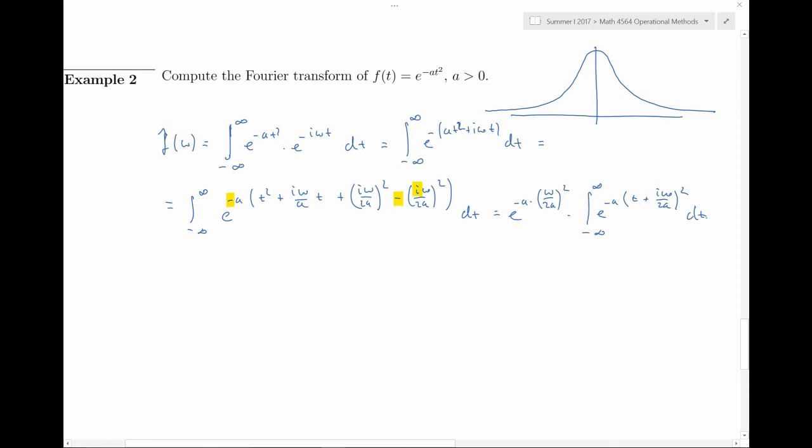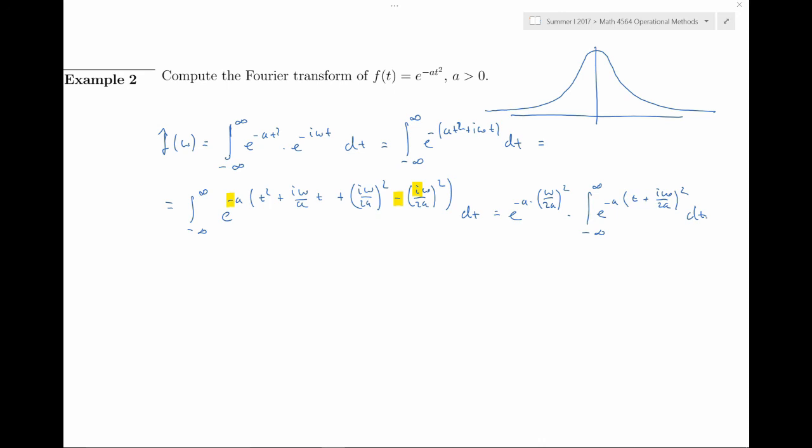So it seems like I'm integrating the same Gaussian, except that now this Gaussian is being shifted up in the complex plane in the imaginary direction. Had the shift happened in the real direction, had I not had the i in this term, then we would have seen that shifting the Gaussian to the left or to the right makes no difference to the integration over the entire real line. However, when they shift up, it's not so obvious.